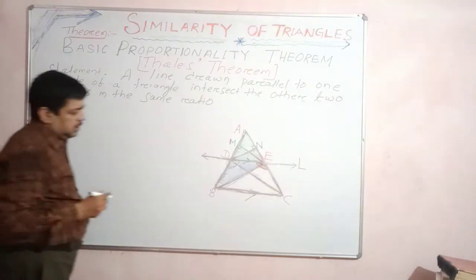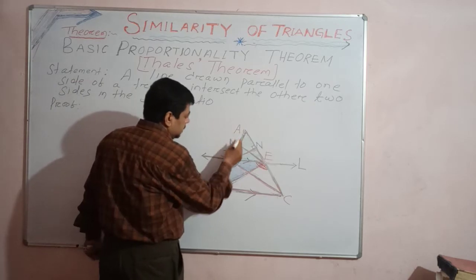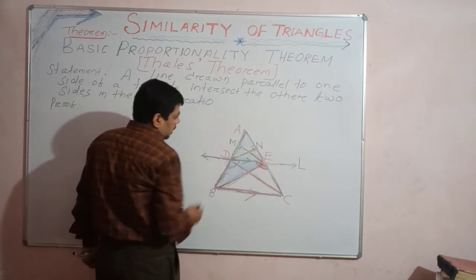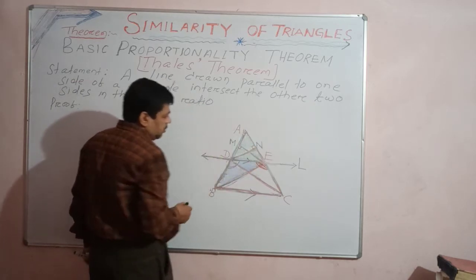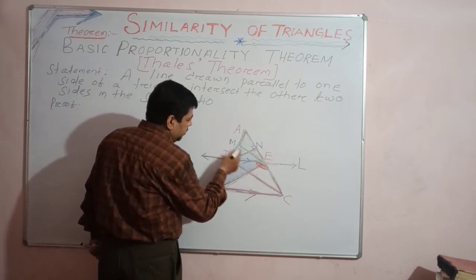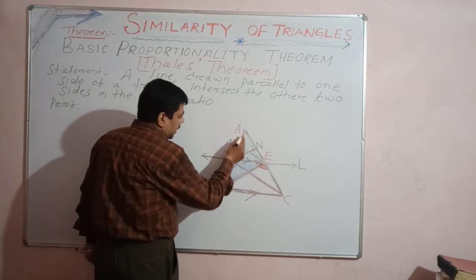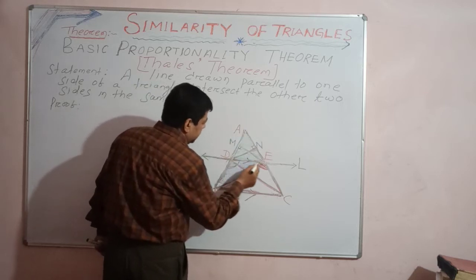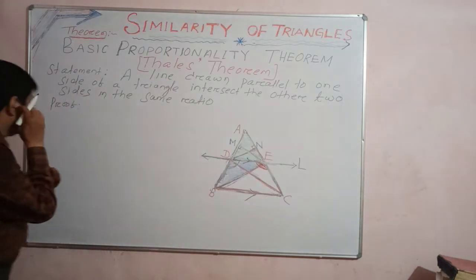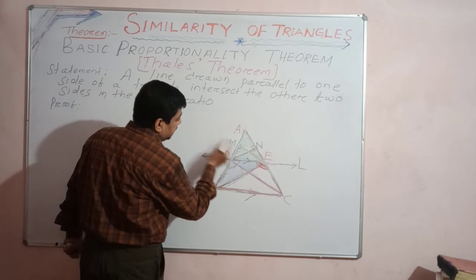Students, are you able to see the triangle ADE? You see EM is the perpendicular. As per the construction, EM is perpendicular to AB. It means EM is also perpendicular to AD. It means EM is the height and AD is the base of the triangle ADE. So in the triangle ADE, AD is the base and EM is the height.